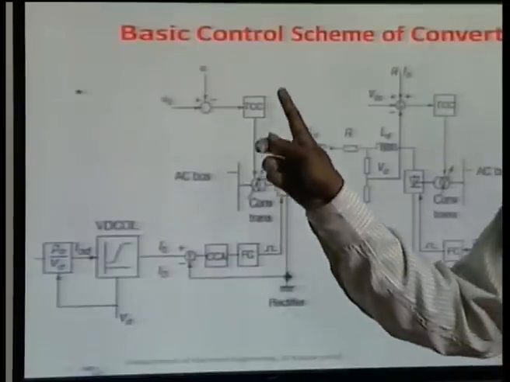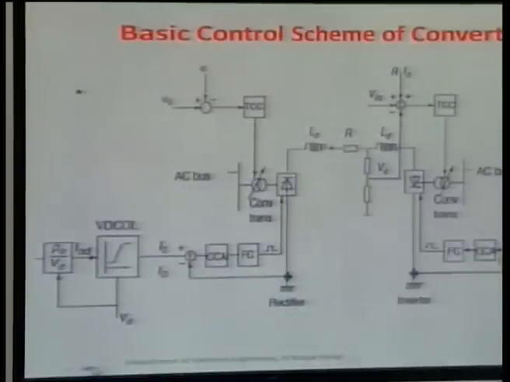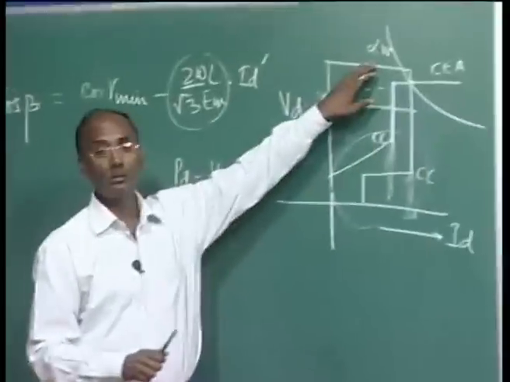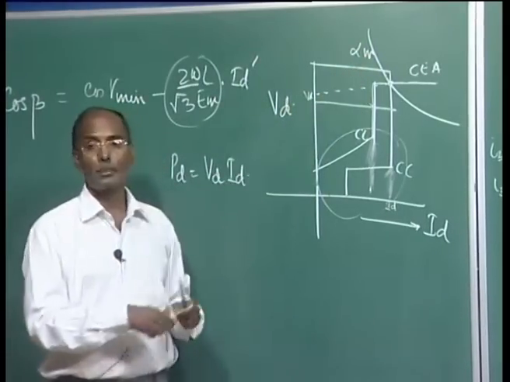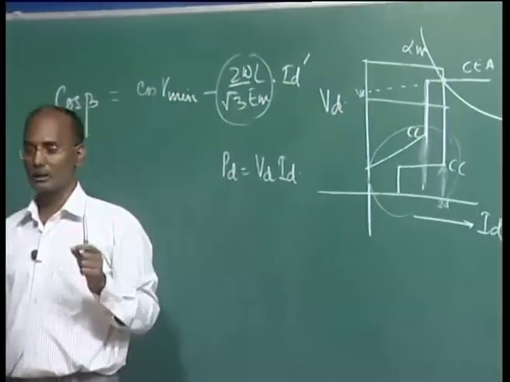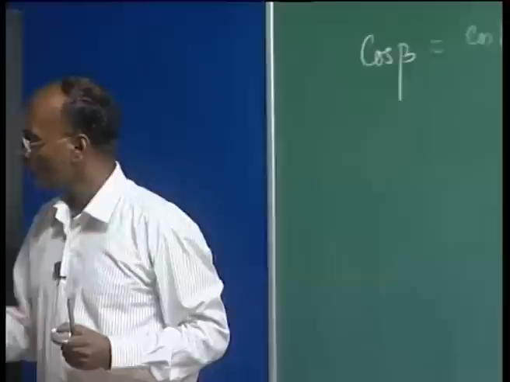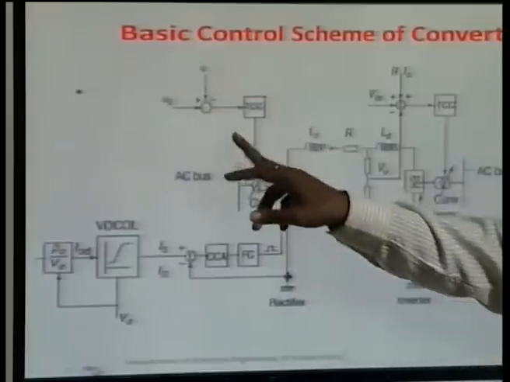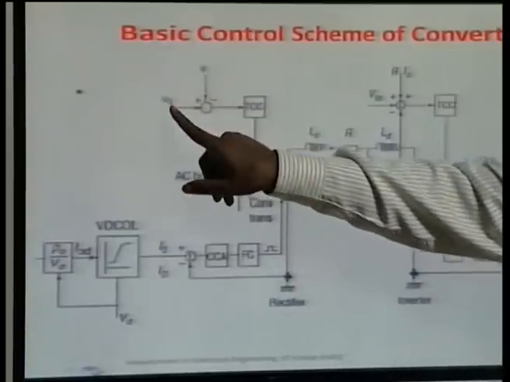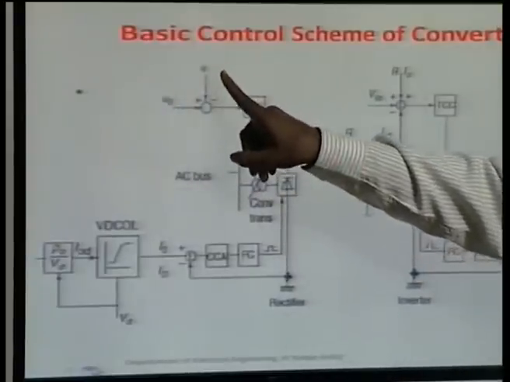However, as I said, if the voltage is changing very suddenly, we have the limitation of alpha, because we have the alpha minimum here, maybe 1 or 2 or 5 degrees, and also we do not want to operate alpha at a larger value, because it requires more reactive power. So what happens, this will be set, and it will check what your reference alpha is and what the current alpha is.